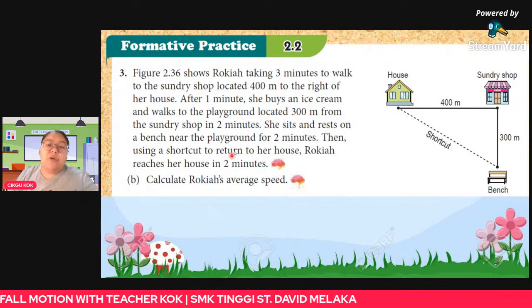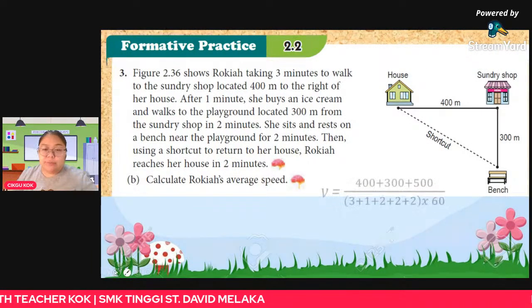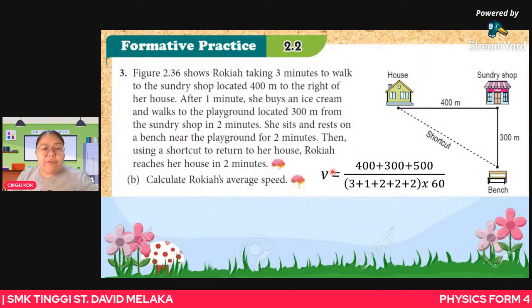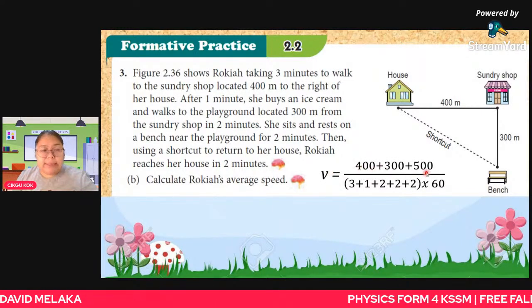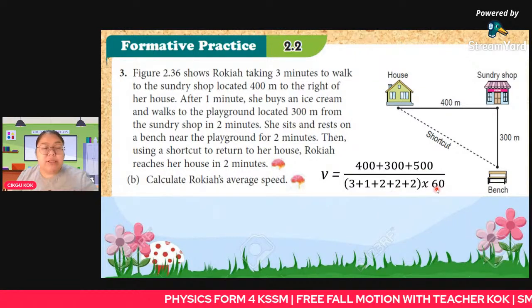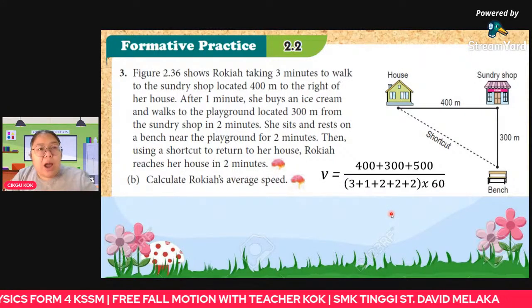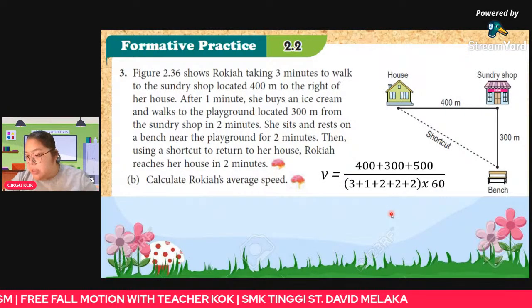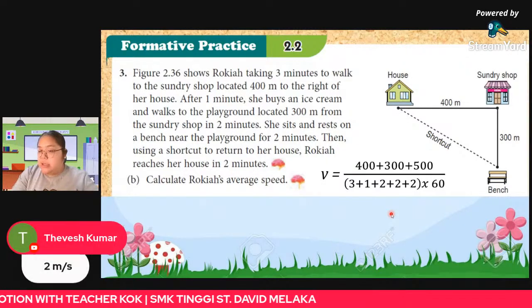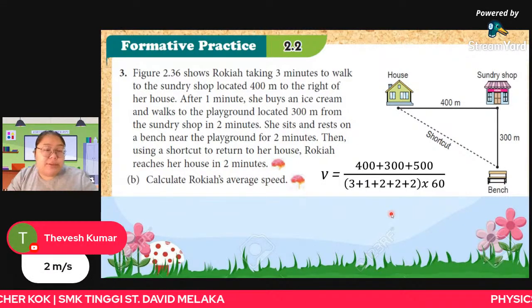So from here we need to show the calculation. Average speed is total distance over total time. Remember to change minutes to seconds. So what is your answer? Okay, Divesh gives 2 meters per second.